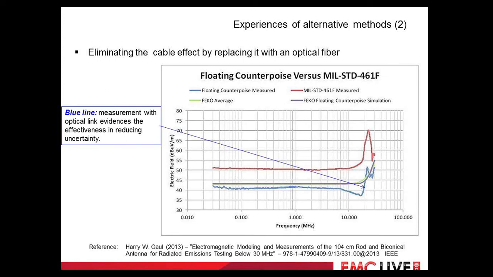You can see that the blue line, I hope you see the color as well as I can, shows the measurement with the optical link, and this is the closest to the ideal, the line in the middle, while the red line is the measurement with the coaxial cable. So it is evident that there is a frequency range that can be very critical in that aspect.